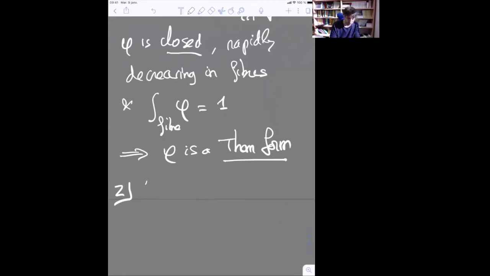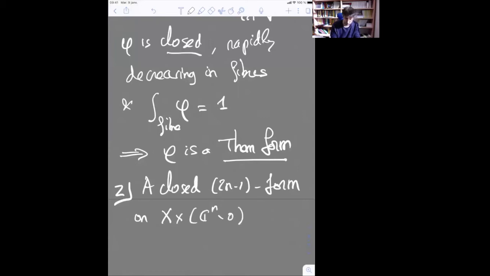a closed 2n minus 1 form on X cross C^n minus 0. And now we will put into play the multiplication in the fibers.